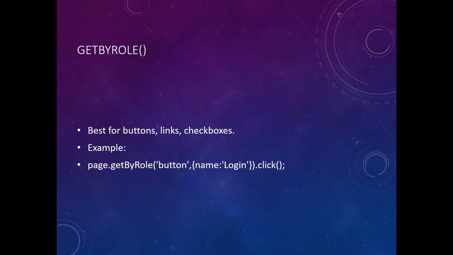And these are some locators in Playwright, starting with getByRole. It's used mostly for buttons, links, and checkboxes. You can see here the example: getByRole button, and the name we can give within the braces, and dot click, which is the click action.